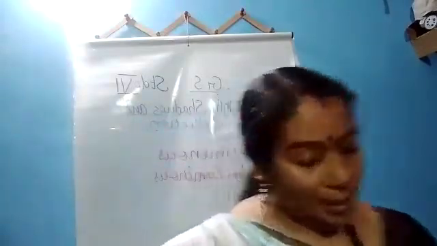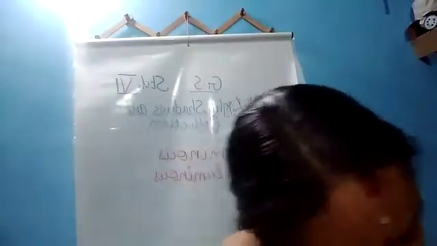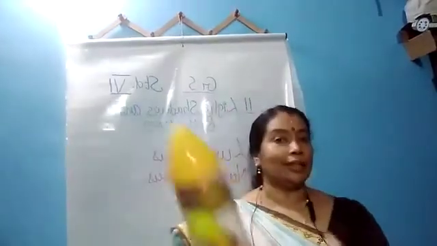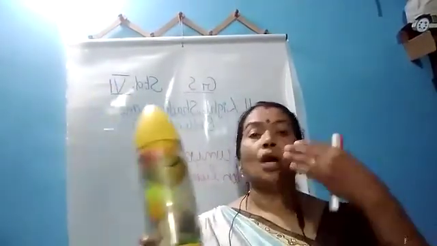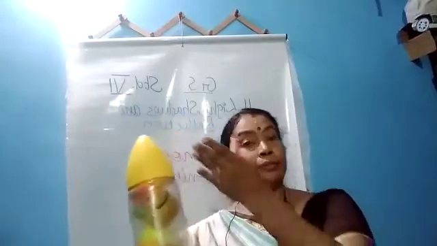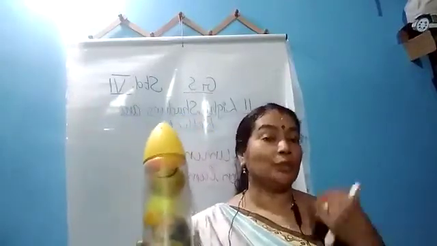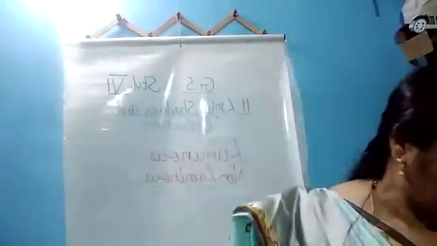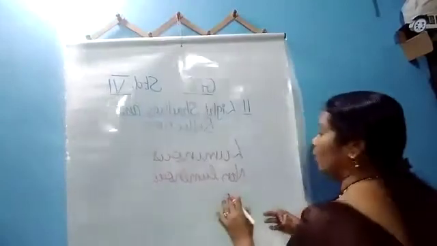So like this, the things which allow the light to pass through them and make the things behind them clearly visible are called transparent objects.